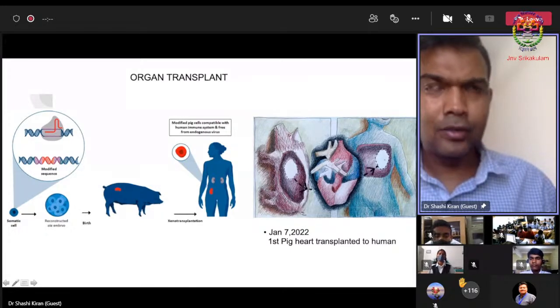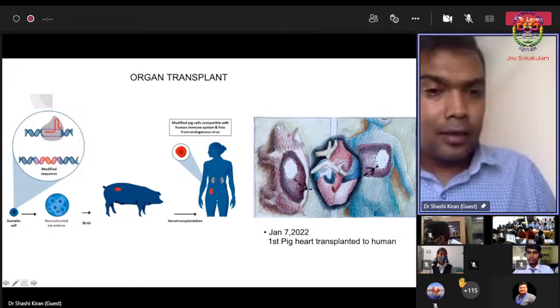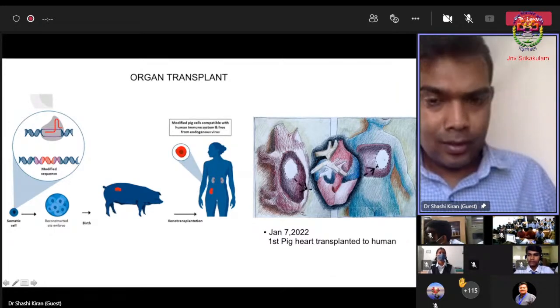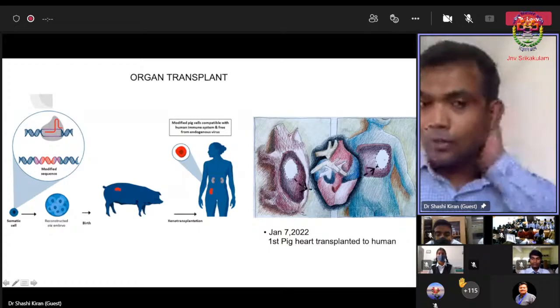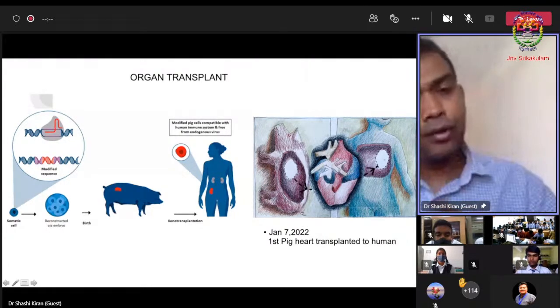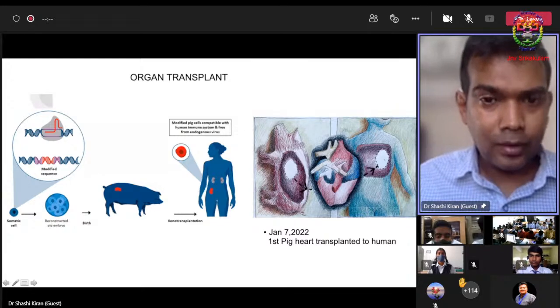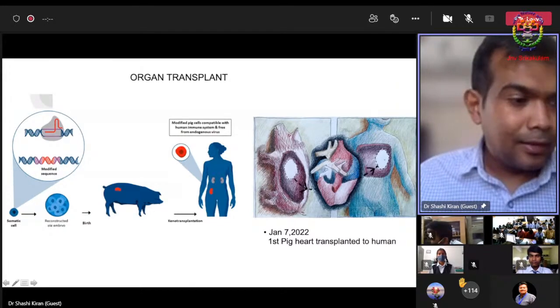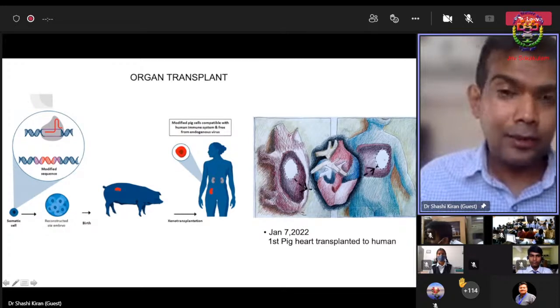The markers which make it more pig-like are made to look like human. So the genes are changed in such pigs such that it looks more human. Now, if such kidneys are transplanted into humans, that kidney can be functional, and is functional actually.